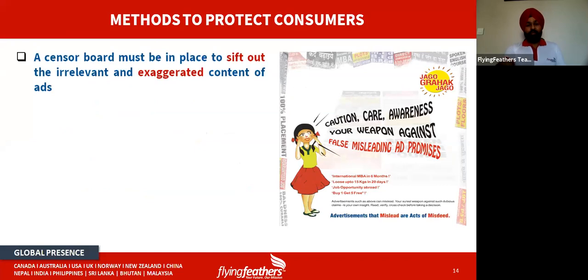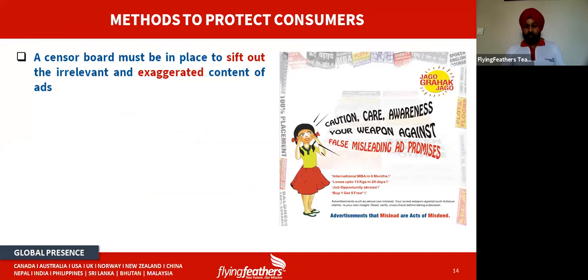So how can consumers be protected from these advertisements? What should be done on the part of the public or the government to protect the consumers? Okay, so a censor board must be in place to sift out the irrelevant and exaggerated content of adverts, right?